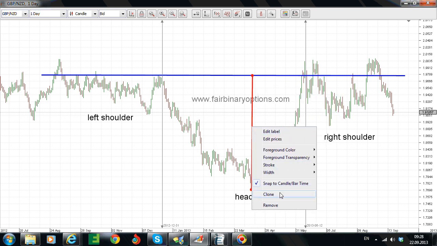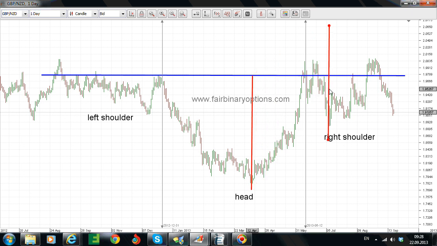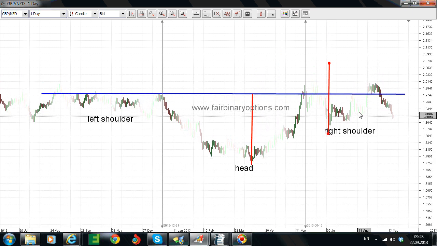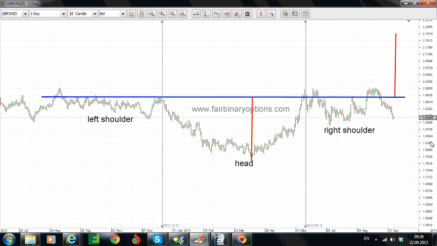This measured move should be applied from the moment the neckline is broken, but not necessarily here, okay, but the value is almost the same when price will try to exit the right shoulder, and the measured move is, as you can see, to the upside like that. Take a look at what kind of distance price should travel. We have here from the 1.76 area, as you can see, up to 2.18. This Great Britain pound New Zealand dollar is a pair that travels fast, and this is the measured move.